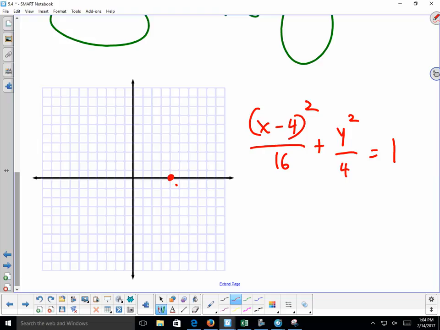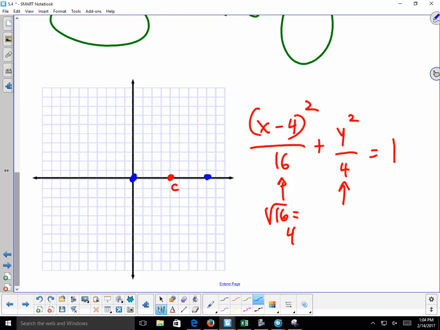That's my center. I'll put a little c for center. And then I know that this is larger than this, but I need the square root of this. The square root of this is 4, and that tells me how far out to go from the center in a horizontal way, in the x direction. So I got to go 1, 2, 3, 4 out this way, 1, 2, 3, 4 out this way.